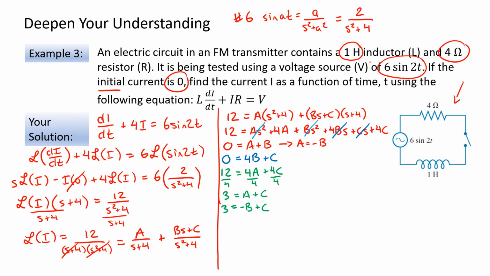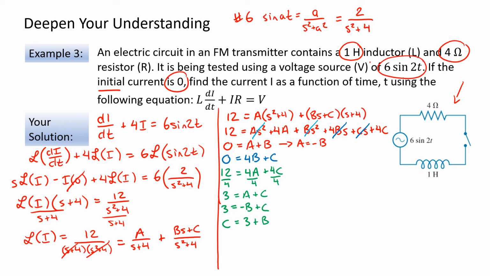So solving for c here, we get that c is equal to 3 plus b. So now going back to our second equation just has b and c. So I'm going to substitute in 3 plus b for the c term.